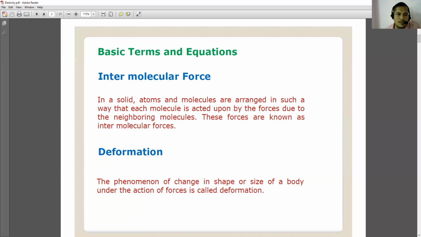So this is called intermolecular force. Now what is the meaning of the next term, deformation? The phenomenon of change in shape or size of a body under the action of force is called deformation.